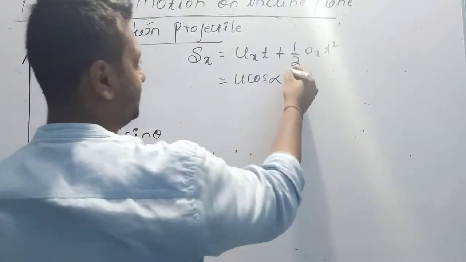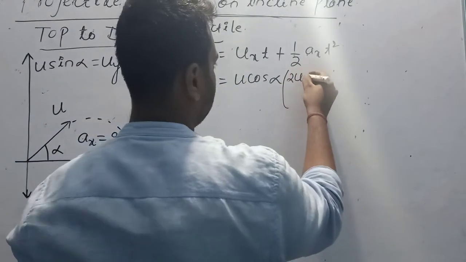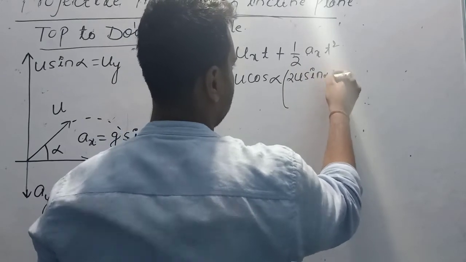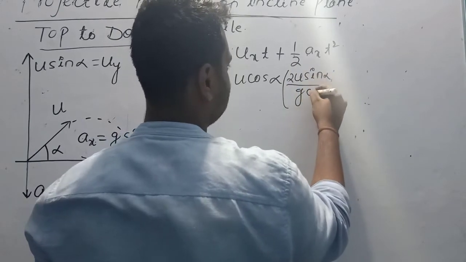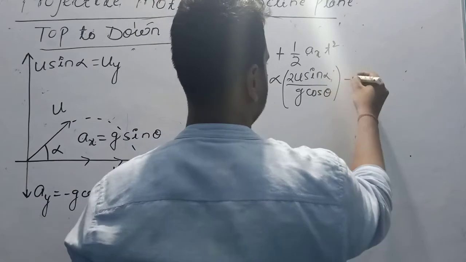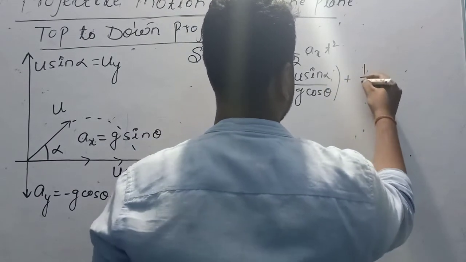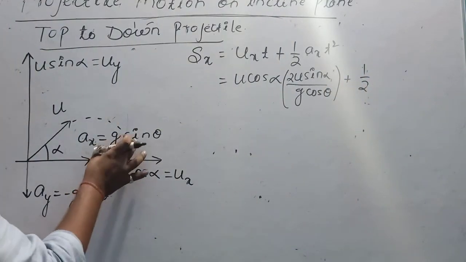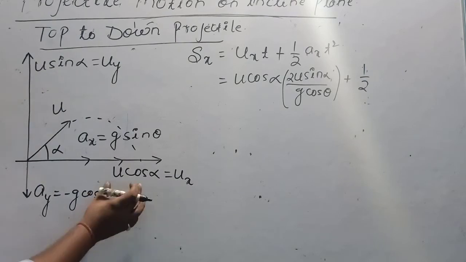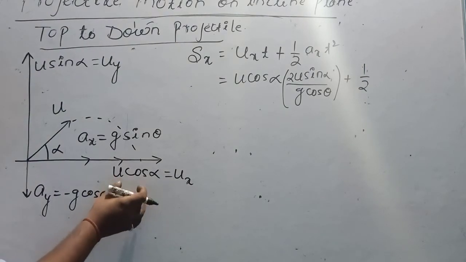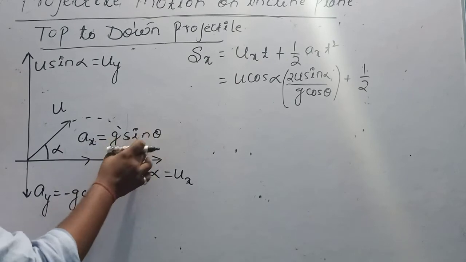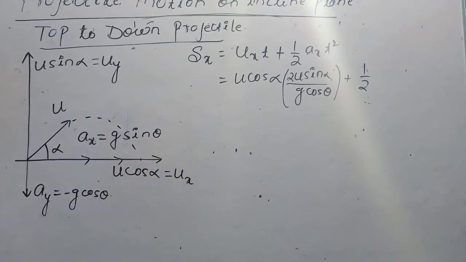Time of flight was 2u sin alpha upon g cos theta. Plus half acceleration due to gravity, x component will have positive sign because the x component of initial velocity and the x component of acceleration due to gravity are in the same direction.